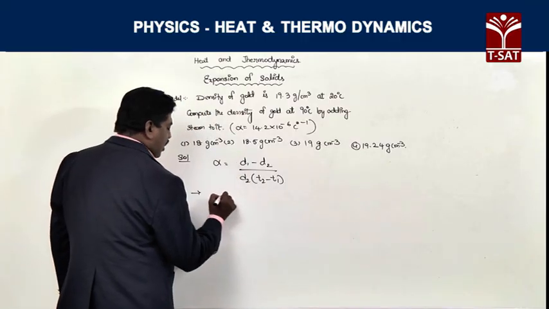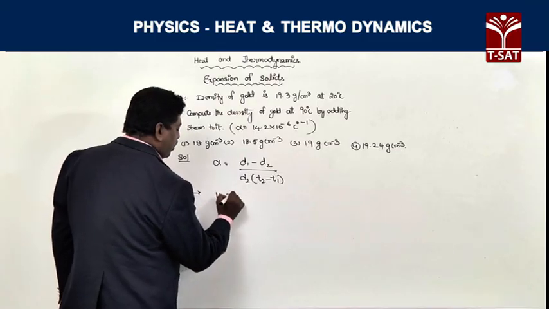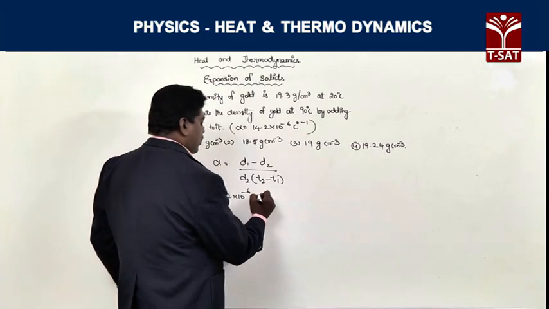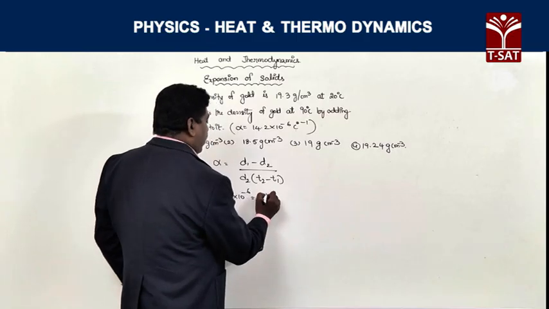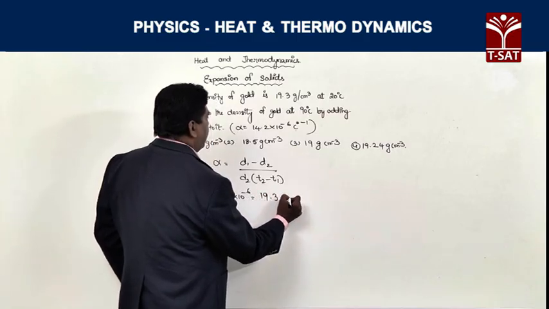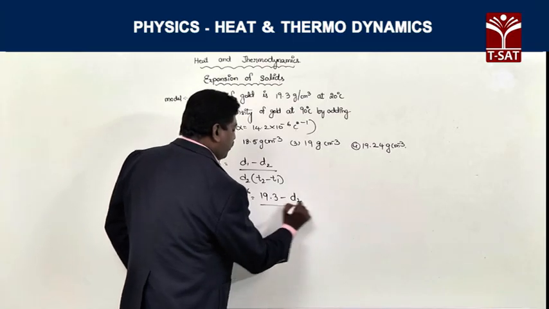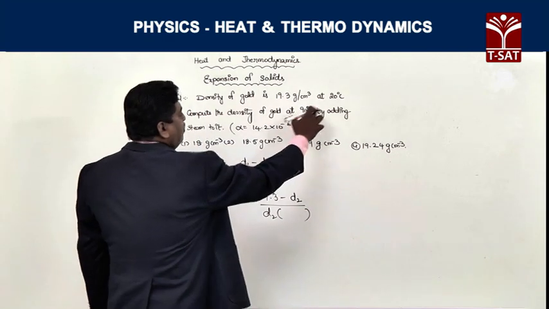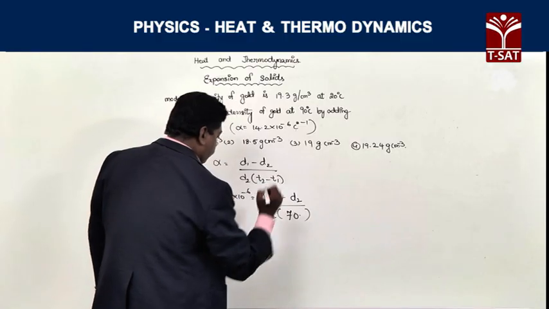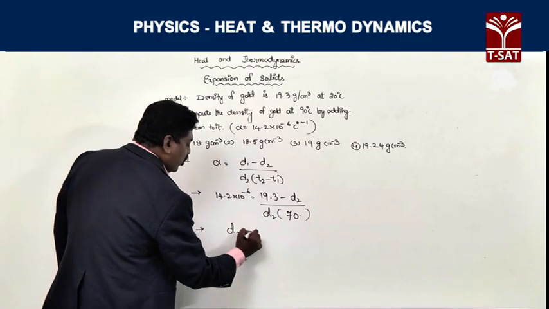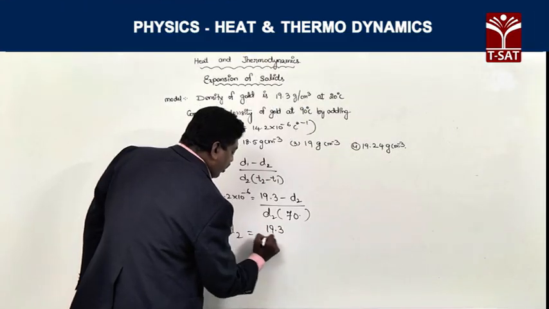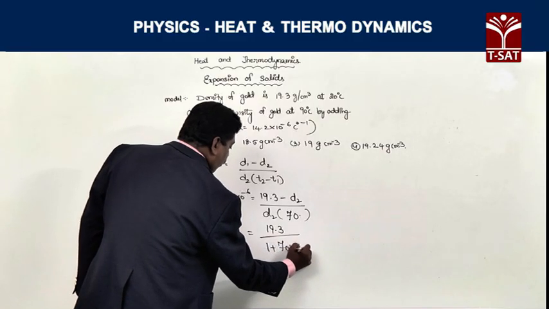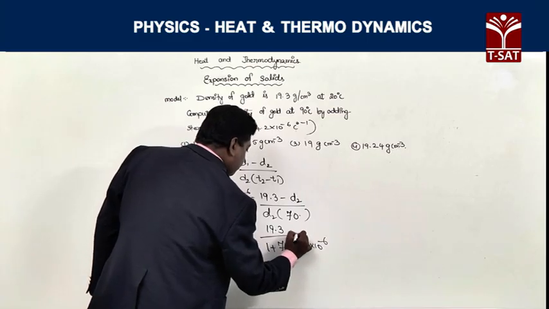In that case, alpha is given as 14.2 into 10 to the power of minus 6, equal to d1, which is given as 19.3, and we have to find the d2 value, divided by d2 into the change in temperature, which is 90 minus 20, which is 70, from which we can get d2 equals 19.3 divided by 1 plus 70 into 14.2 into 10 to the power of minus 6.